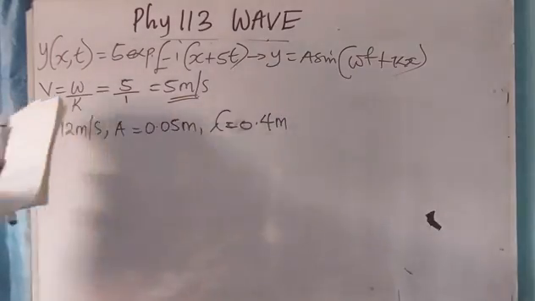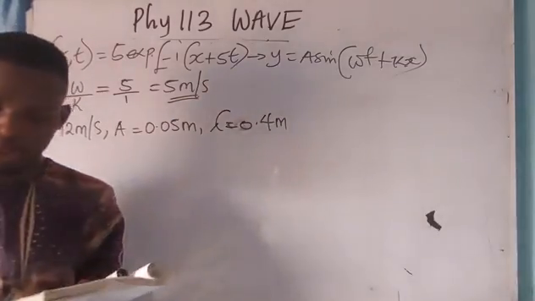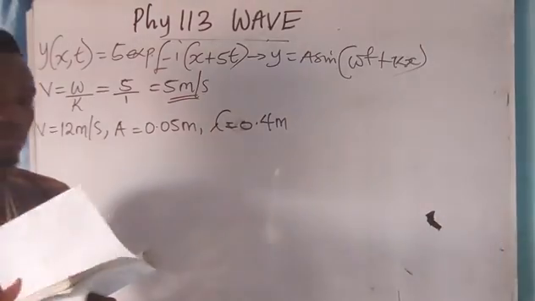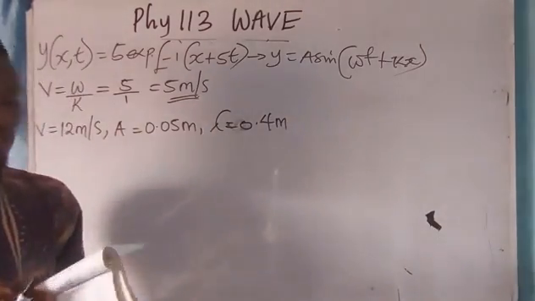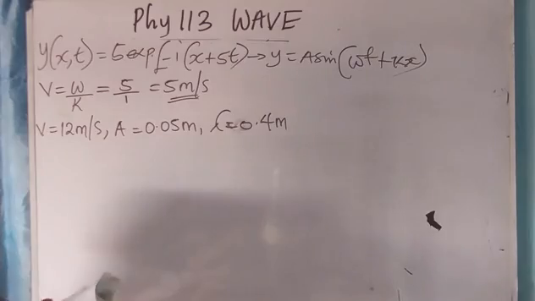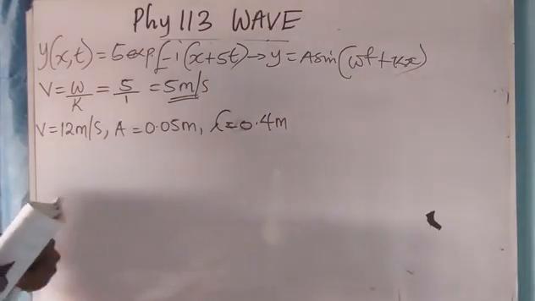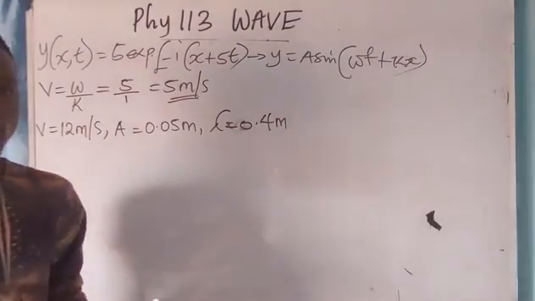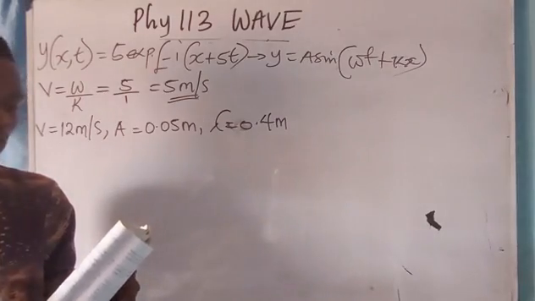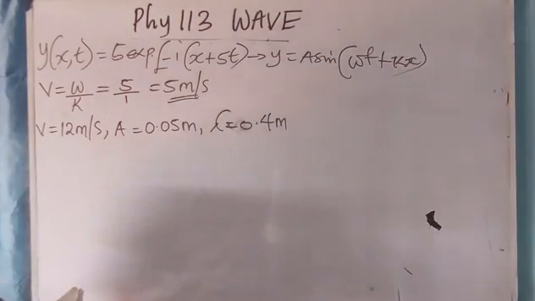The wave travels in the positive x direction. They said find the frequency, period, and wave number of these waves.